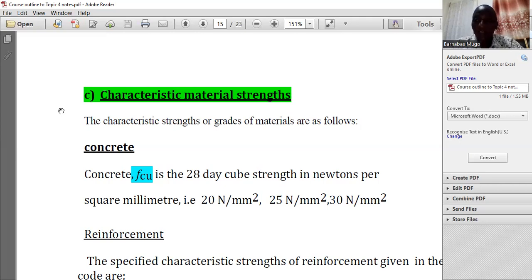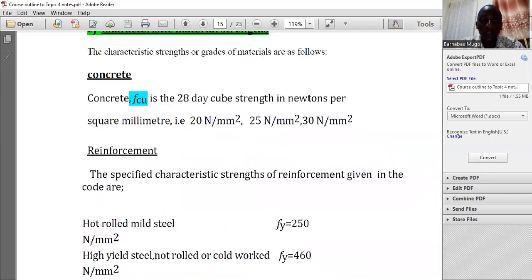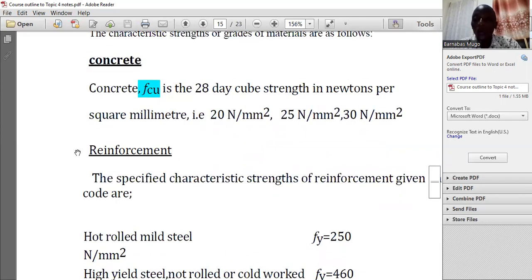The characteristic strength of the concrete is given by FCU, and in this case, we are always going to say that FCU is the 28-day cube strength in Newton per millimeter squared. If, for example, it is 20, 25, or 30, that is FCU 20, FCU 25, FCU 30, it is dependent on the way that concrete has been mixed.